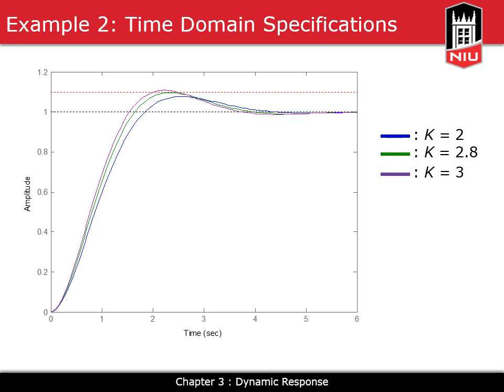Remember from the previous slide, k has to be less than 2.8 something for the overshoot to be less than 10%. That red line over here is the 10% overshoot line. So we don't want the response to go over this. You can see that when k is 3, the purple line goes above that 10% overshoot level, and that's what we expect. For the other 2 values of k, which are less than the value we found in the previous slide, the overshoot remains below 10%. So that confirms our answer.